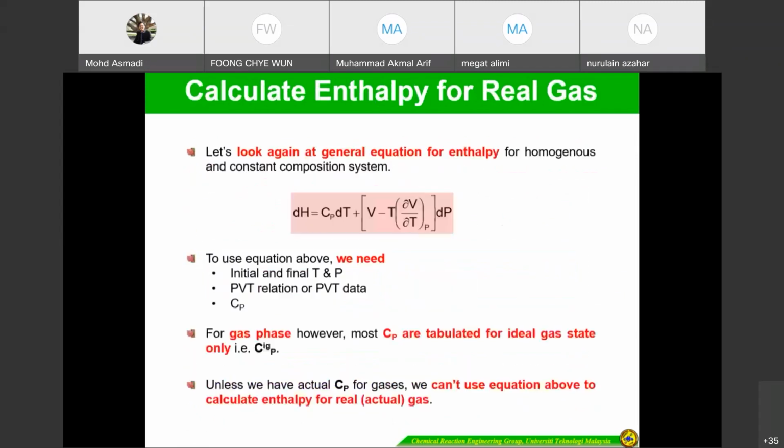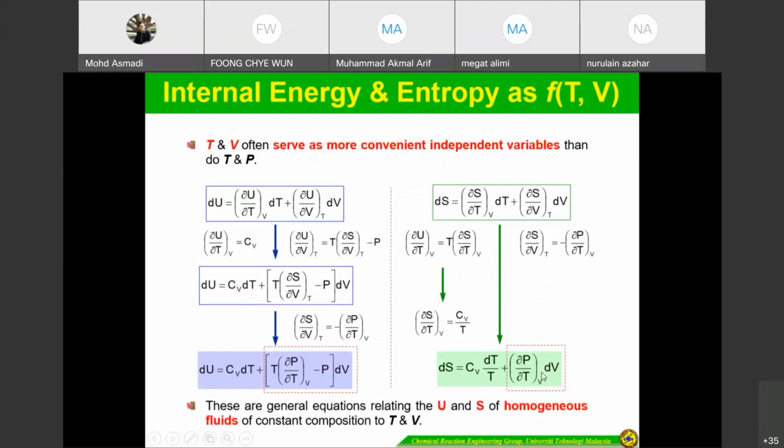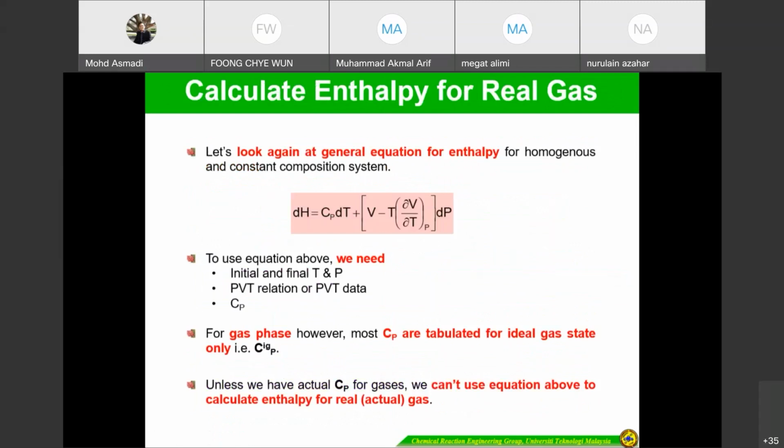If you look at here, from the previous equations, PV and PV, right? First, how to determine these equations? How to determine this value? There are some steps to determine.